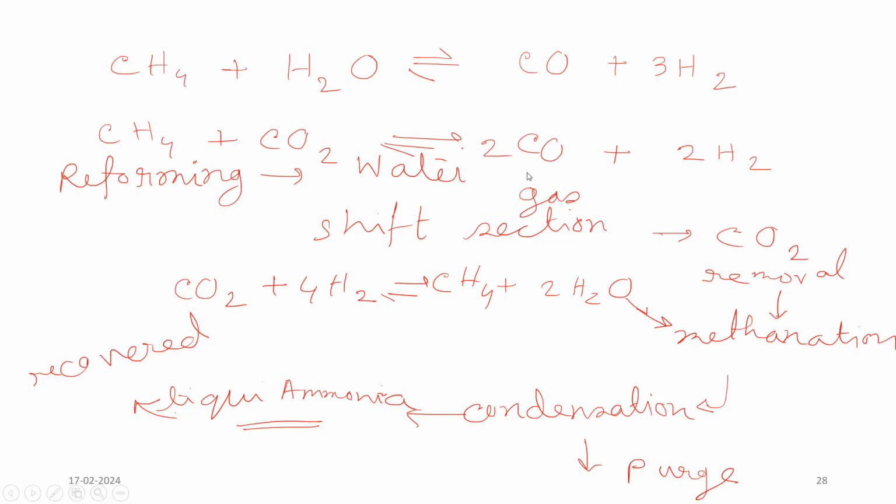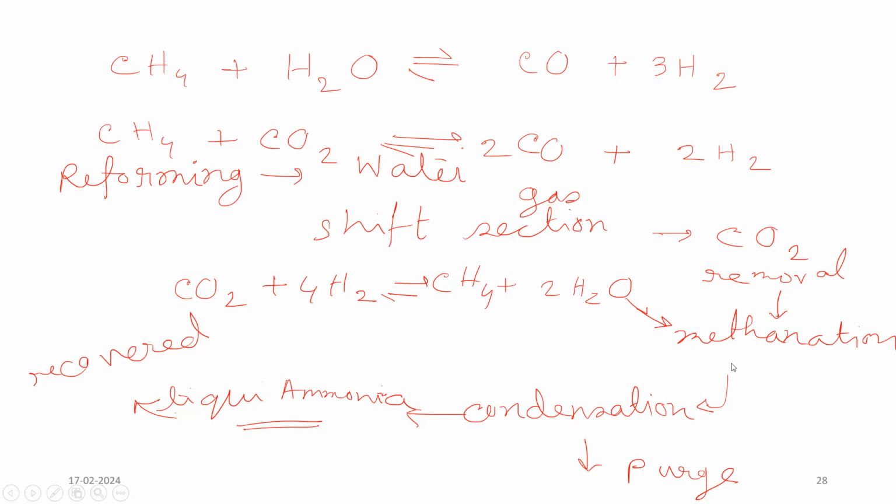We have already studied that the catalyst used is an iron based catalyst for the ammonia synthesis, so that is why we need to remove this CO. CO is first converted to CO2 by the water gas shift reaction, then CO2 is removed by reacting with hydrogen, producing methane. That process is called the methanation process.